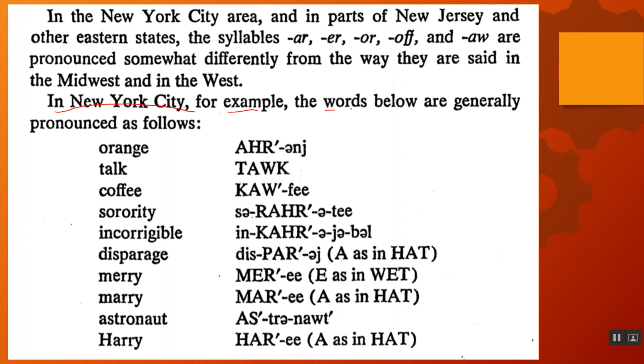In New York City, for example, the words below are generally pronounced as follows: orange, talk, coffee, sorority, incorrigible, disparage, Marie, astronaut, Harry.